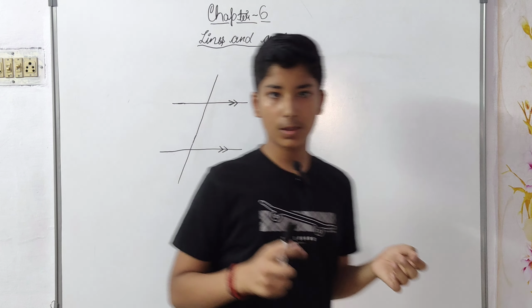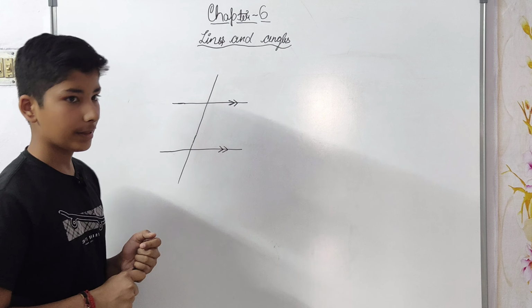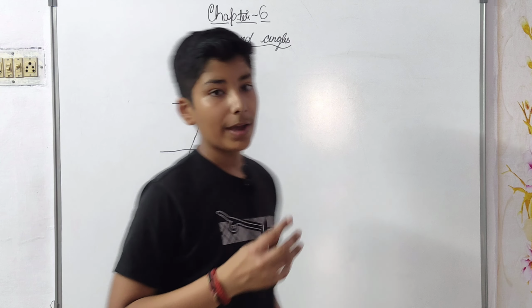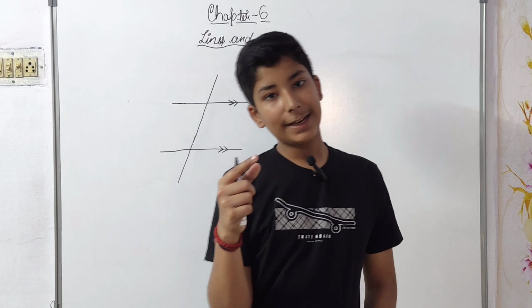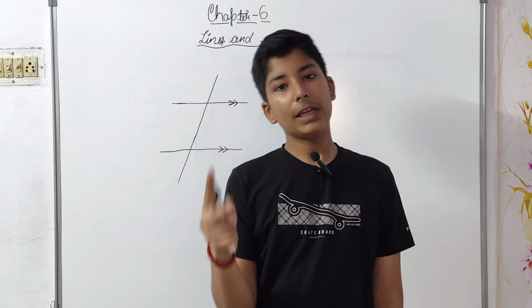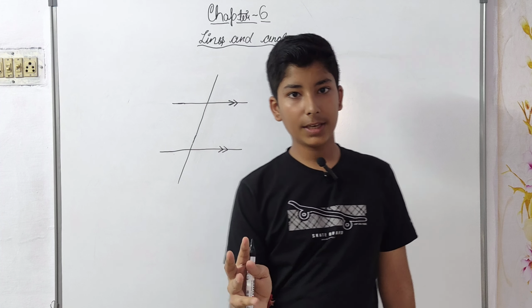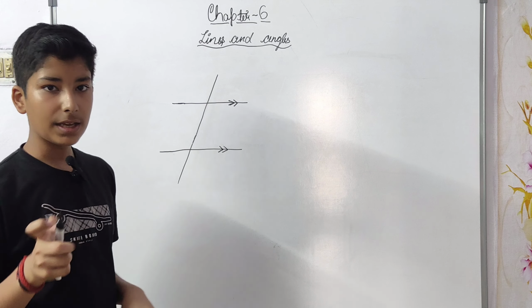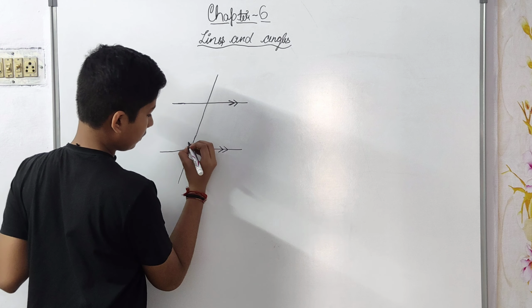Friends, now I am going to explain different types of angles. Basically there are 5 types of angles: alternate interior, alternate exterior, vertically opposite, corresponding, and co-interior.